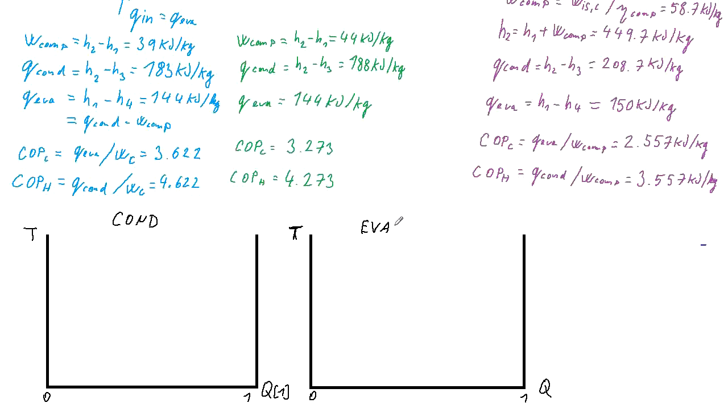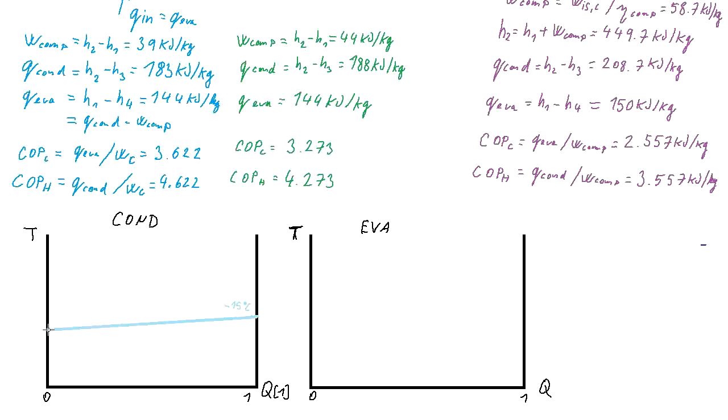So first for the condenser and the temperature profile of the air. So the air inlet into the condenser is at minus 15 degrees C. And as the heat is taken from this air, so it should actually cool down.